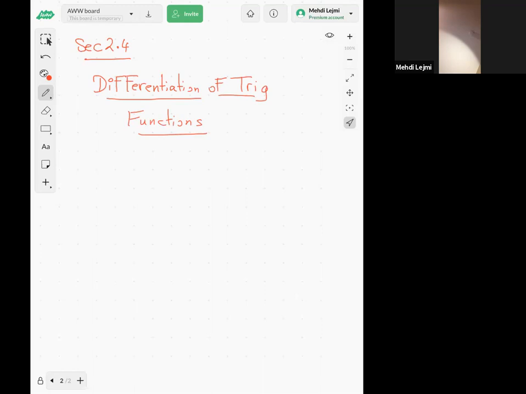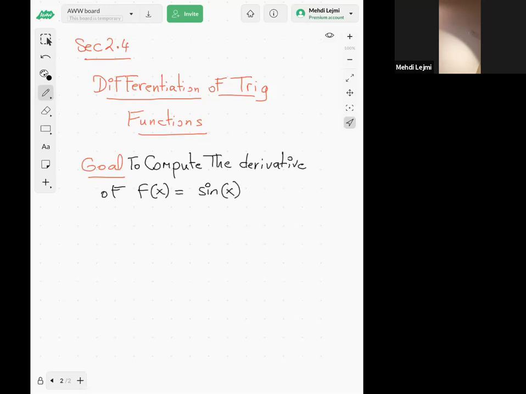So we're going to use the definition of the derivative to compute the derivative of sine and cosine. So the goal in this section is first to compute the derivative of sine of the angle x, and cosine of the angle x, right?